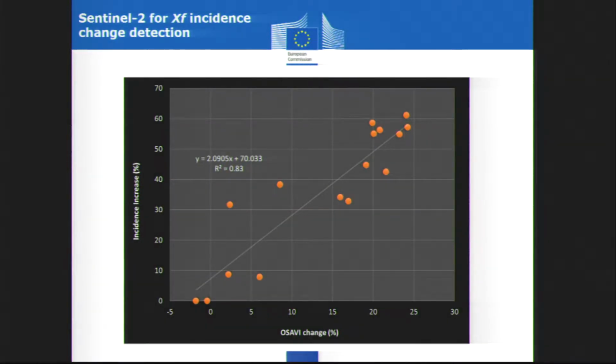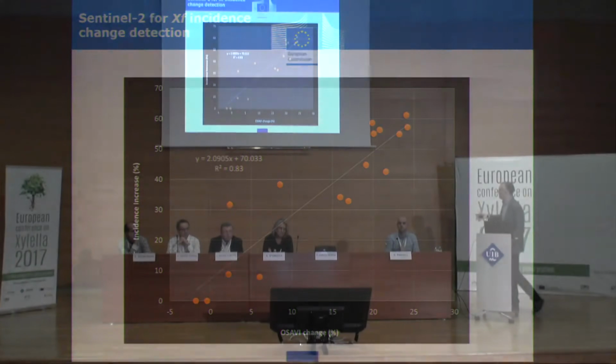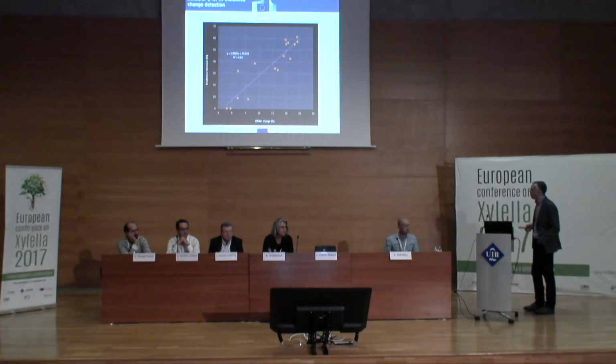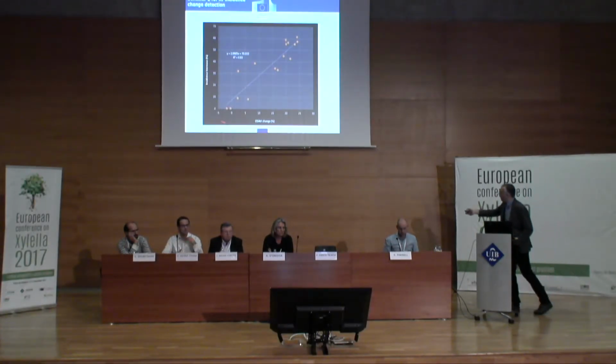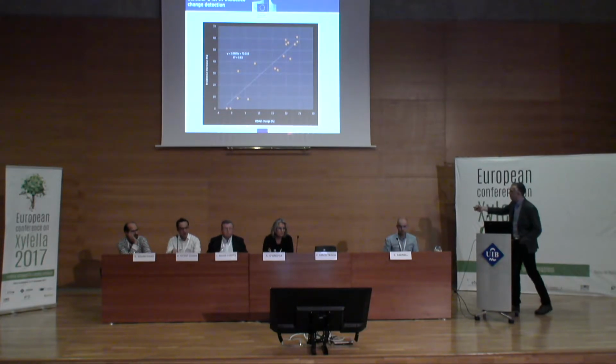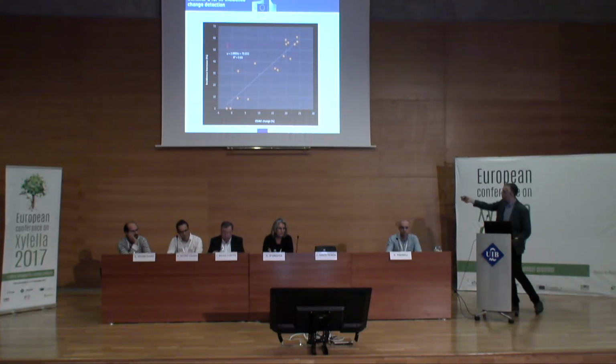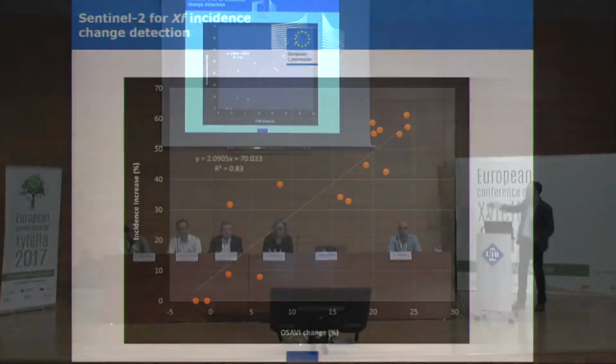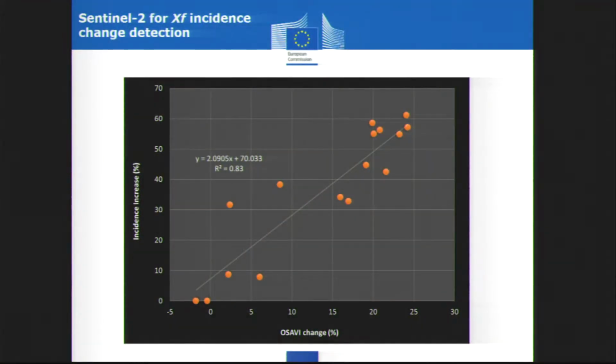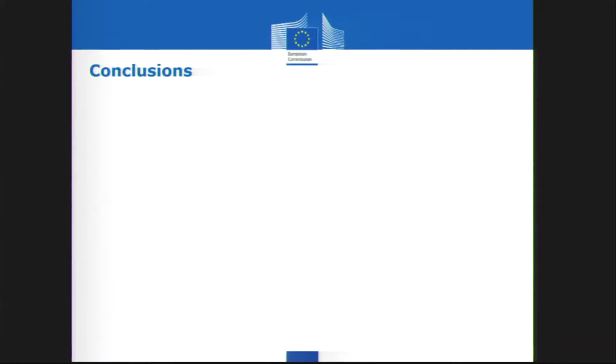We got some results that I believe are promising, because when we compare the Sentinel percentage change against the percentage change in the incidence, we are getting some good results. This brings light regarding the potential use of these methodologies, not for pre-visual detection, but for the monitoring of affected areas once we know that an area is affected.